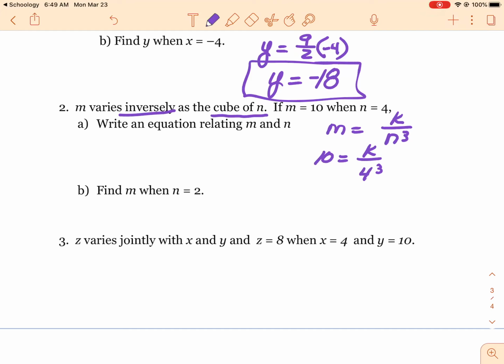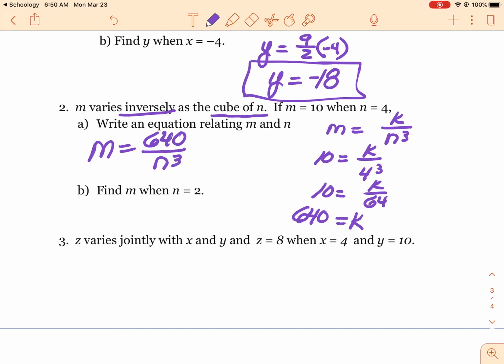So we do 4 times 4 times 4, and go ahead and multiply both sides by 64. So we're getting k is equal to 640. So our general equation is going to be m equals 640 divided by n cubed.